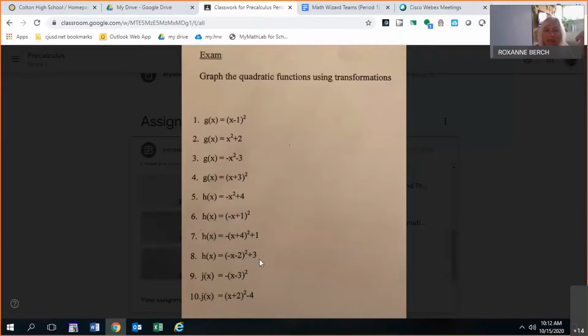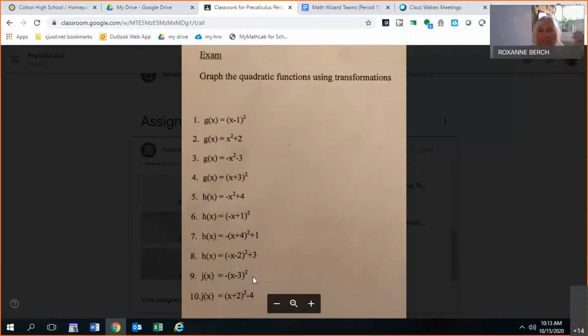Okay, how about number 8? Wouldn't it be right 2, reflect over Y, and up 3? Up 3. Yep, good job. Okay, two more. What about number 9? Somebody different.